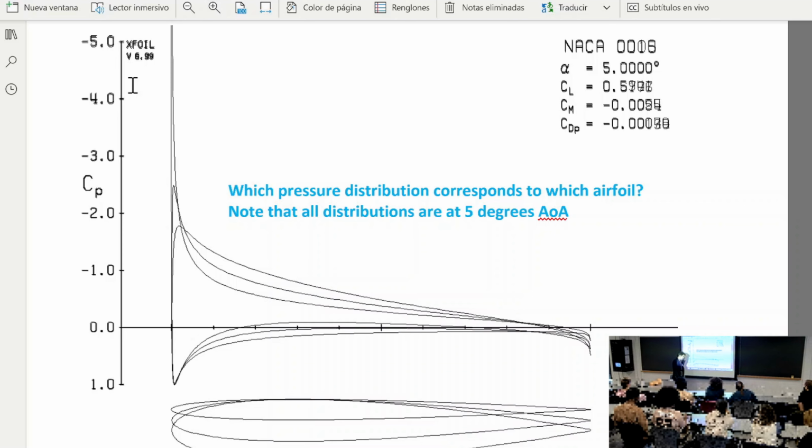Another way to think about the pressure is the pressure providing centripetal force. If you have a sharp leading edge, the flow has to turn very sharply with a small radius over here. That necessitates a low pressure at that location to provide enough centripetal force for the flow to turn for the small radius.